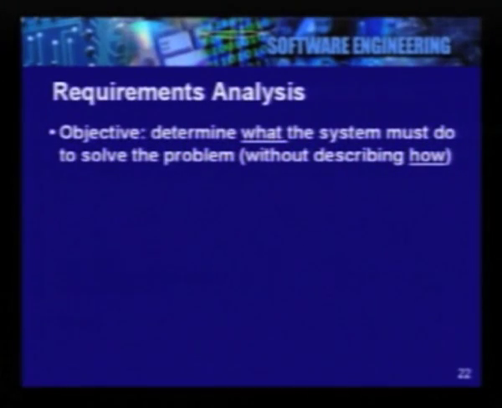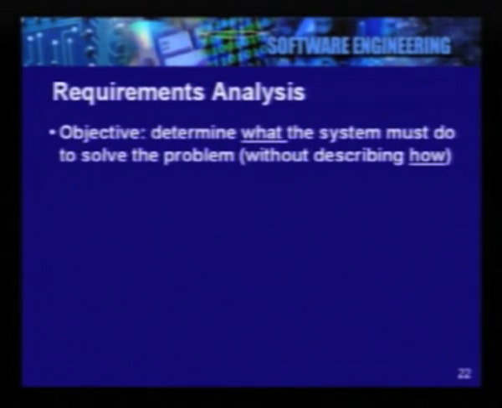So, the main objective here is to determine what the system must do to solve the problem without describing the how part. Okay, so, we are focusing on the functional specification. What should the system do? How it should do that is the task we will take up during design phase.